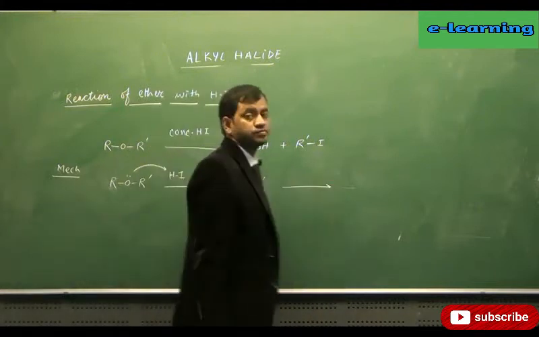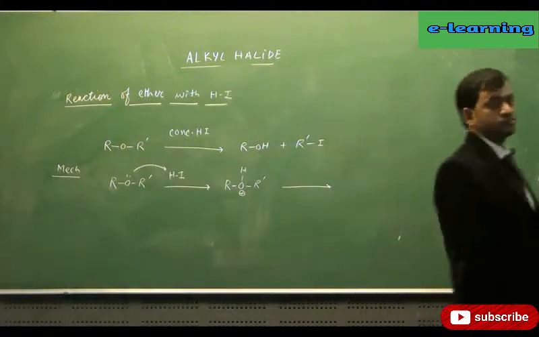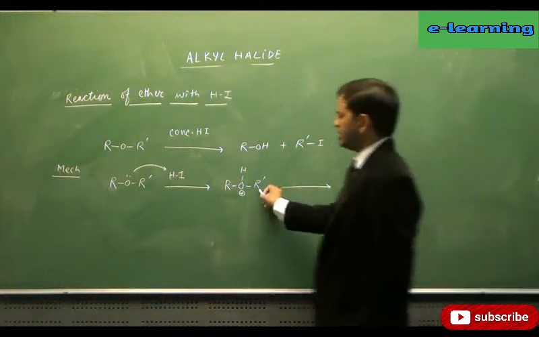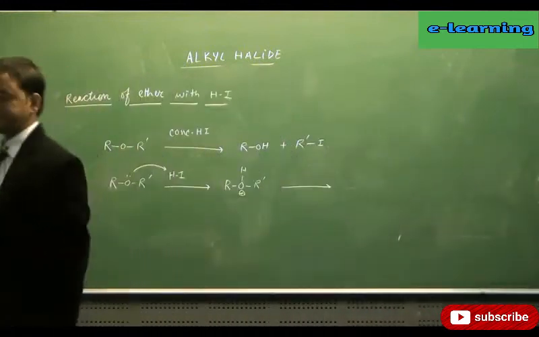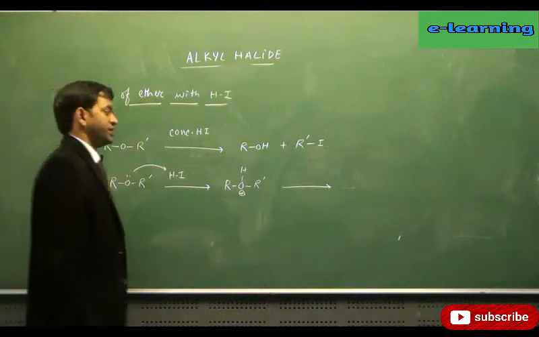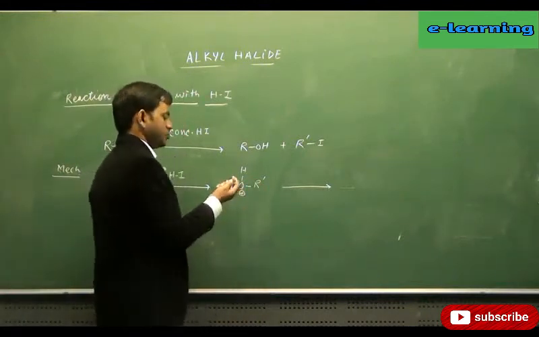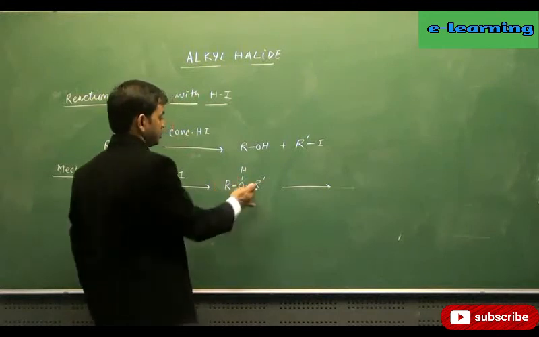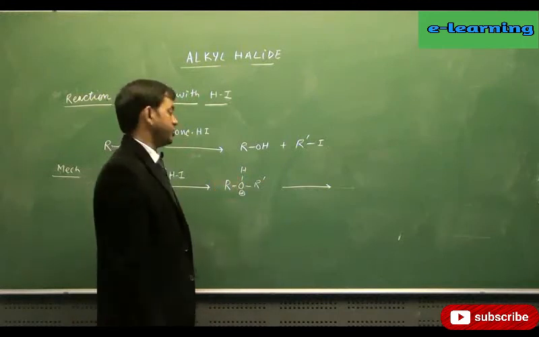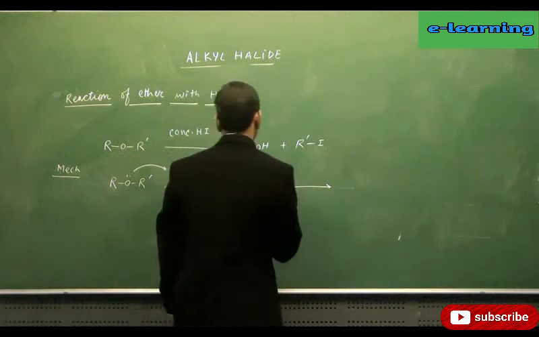Now in second step, if any one of these alkyl is 2 degree or 3 degree, then the reaction proceeds by SN1. If it is a 1 degree alkyl group, or one which does not give a stabilized carbocation, it follows SN2.